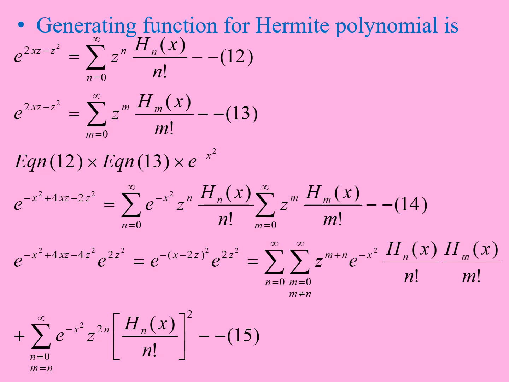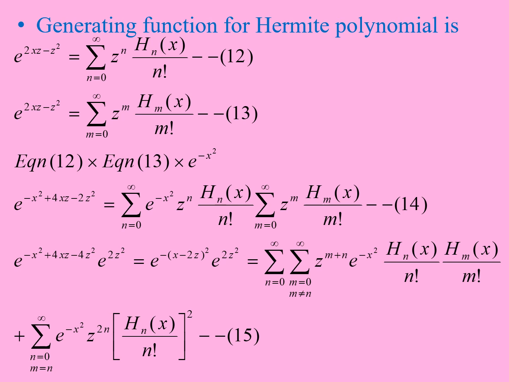Here in the right hand side you have the summation with n is equal to 0 to infinity and summation m is equal to 0 to infinity. So in one case we have n is equal to m. So you separate that term as a separate one and another term with m not equal to n. So it is summation n is equal to 0 to infinity, summation m is equal to 0 to infinity, where you have considered m not equal to n.